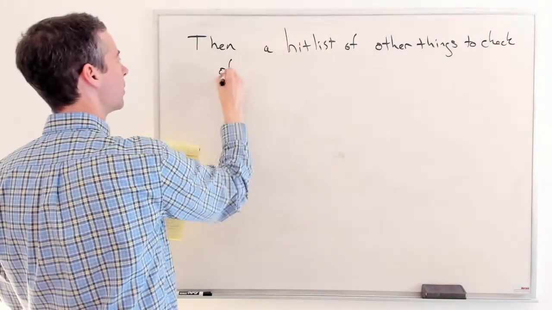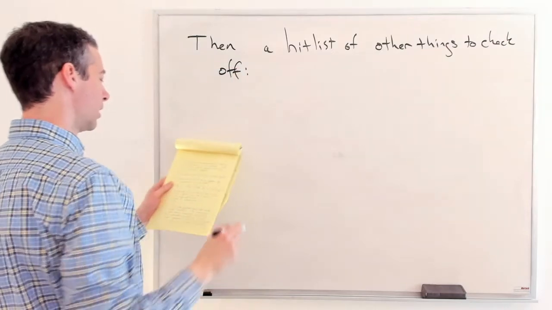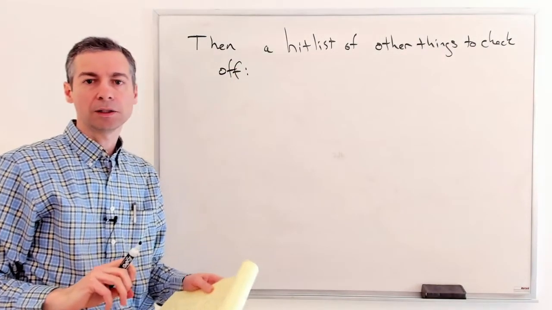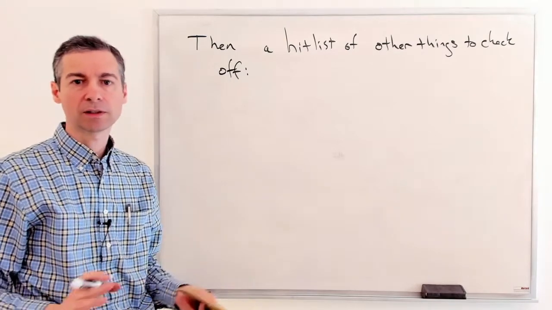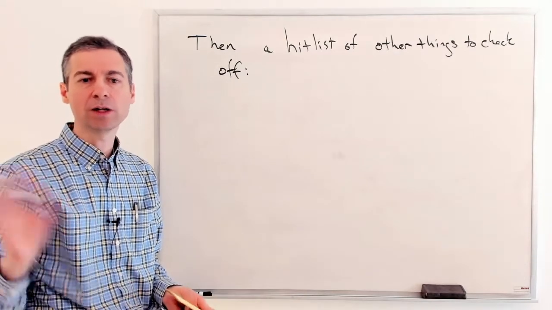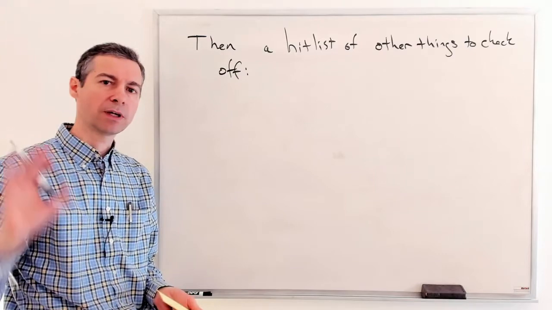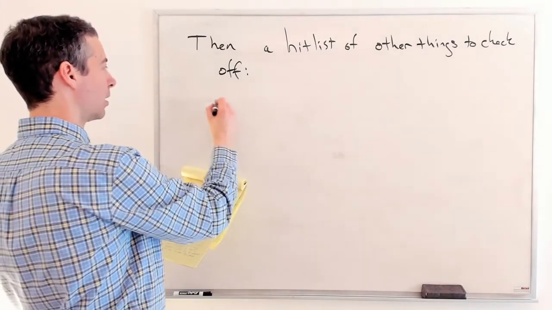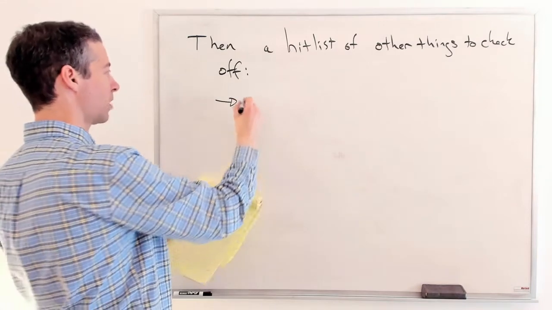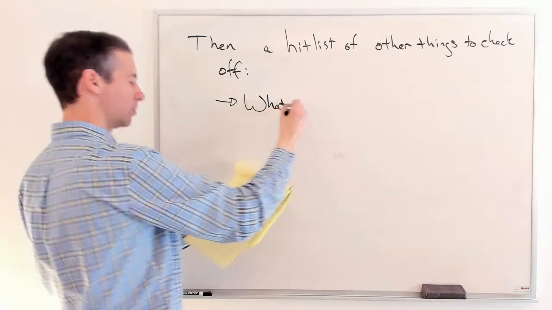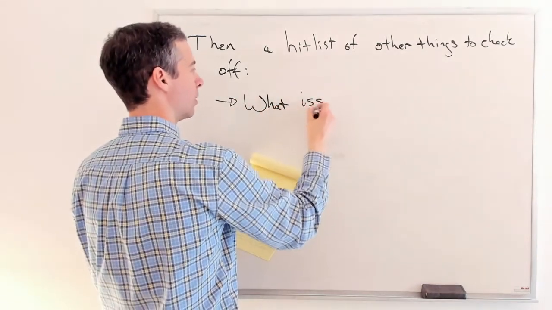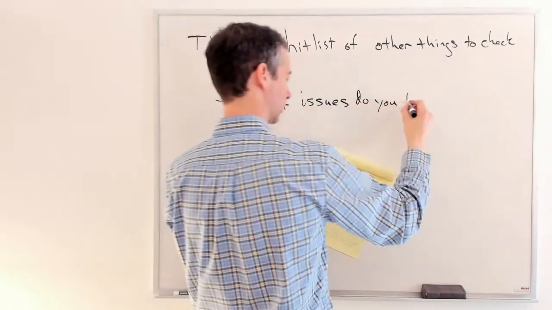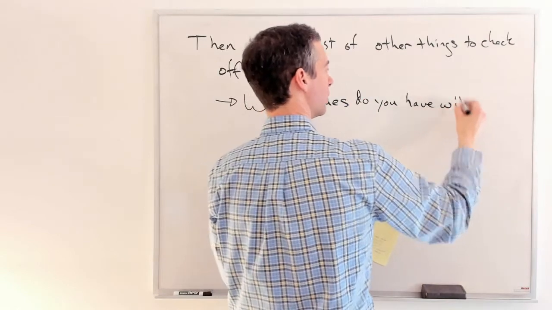So what do I mean by this? Basically, these are all these other questions that you've come up with, that you want to know as engineers to help you go back and design the right system. A big one nowadays is, you might want to know what issues do you have with data security.